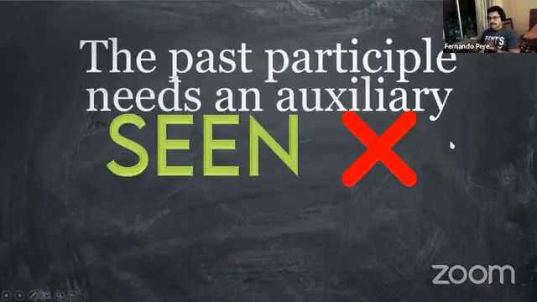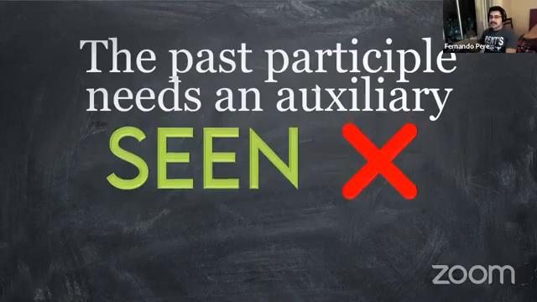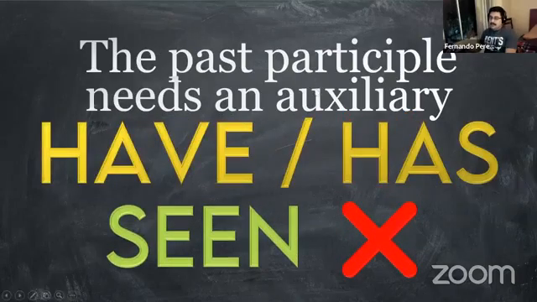Number one, the formula for past participle is incomplete. The past participle needs an auxiliary. The auxiliary is have and has. Be careful, this is not tener. This is an auxiliary, different from the verb.